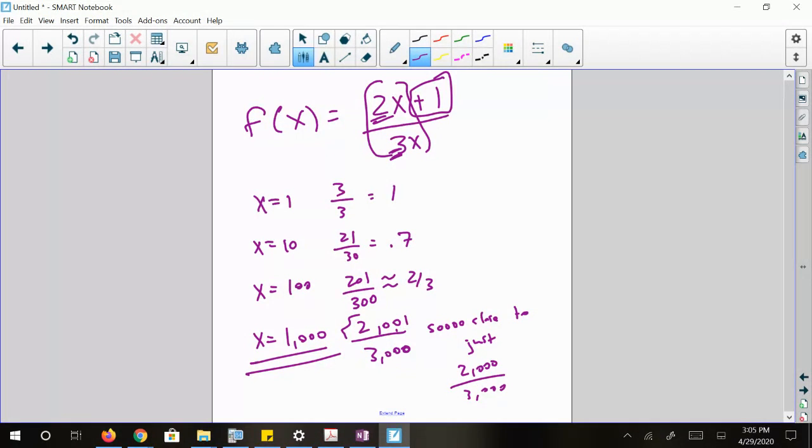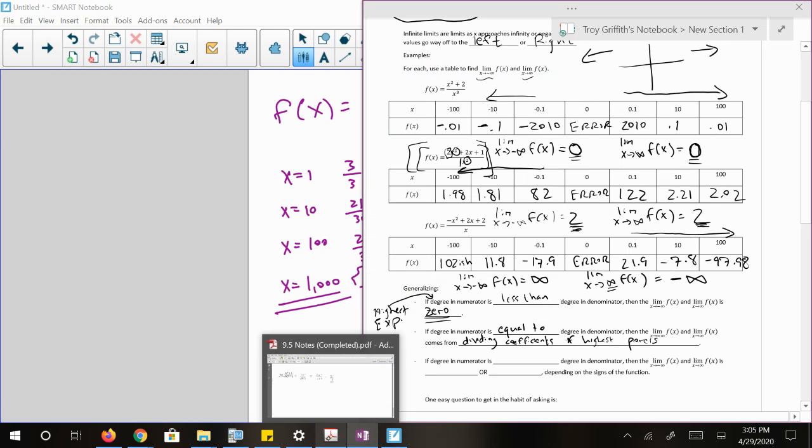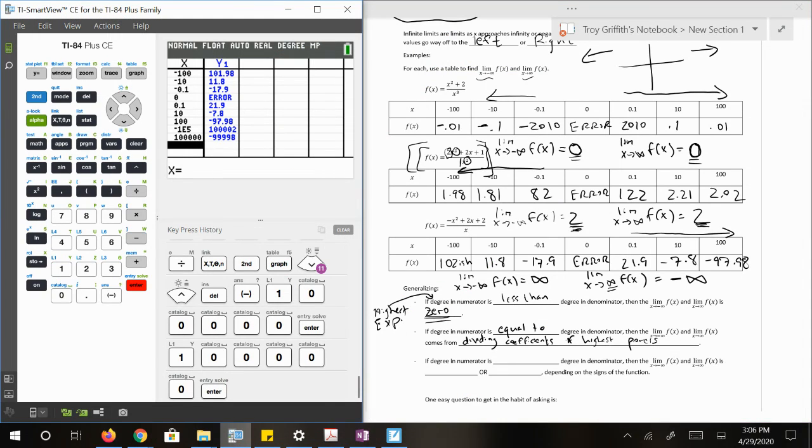Okay, and that's why the limit for this function that we saw on this problem just became 2, because eventually as I was plugging in larger and larger numbers, this 2x plus 1 that's happening over here is not really going to have that much of an effect on my answer. I'm only concerned with what's going on with these coefficients of the highest power. This 2 divided by 1 gives me this limit of 2.